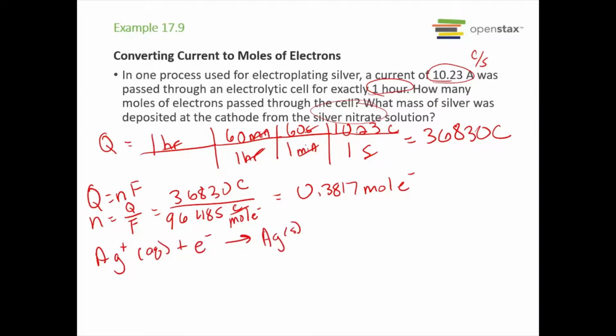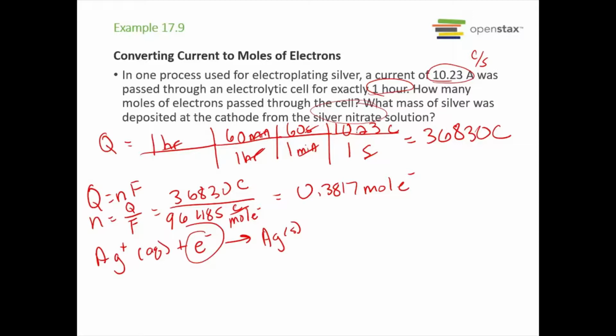Since we're plating silver, we're putting silver on it, so that means we're making solid silver. So we're starting from aqueous silver. Since we have silver nitrate, that's AgNO3, which means that the silver has a charge of +1. So this is going to solid silver. That means we have 1 mole of electrons being transferred for each mole of silver.